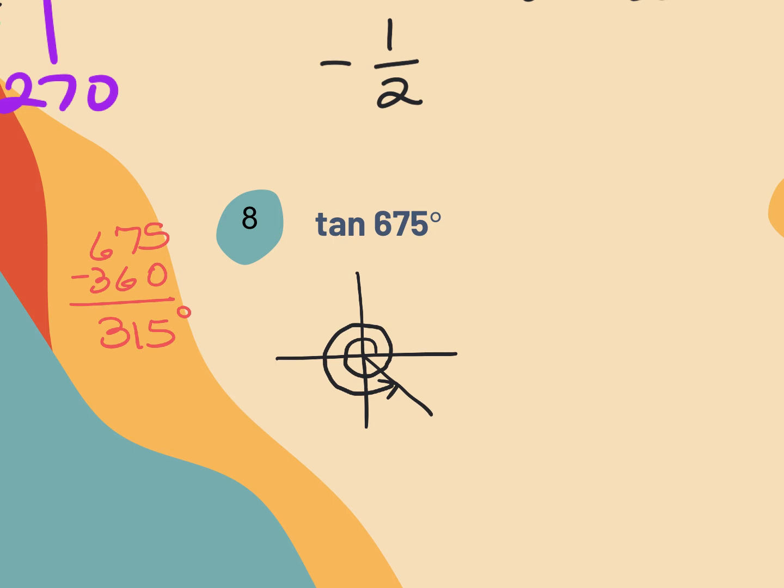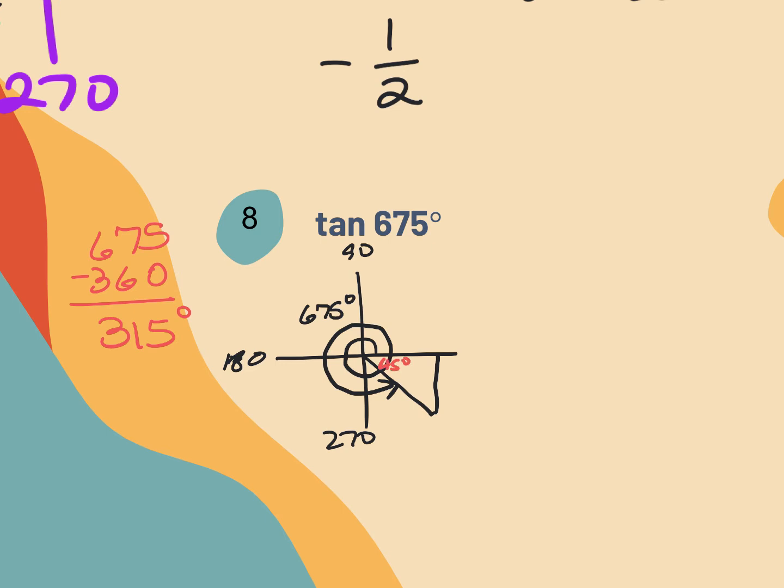So this would be the 675. In order to go past the 270, so that's 180, 270, I went 45 degrees more to finish up that angle. So my reference angle here is 45.